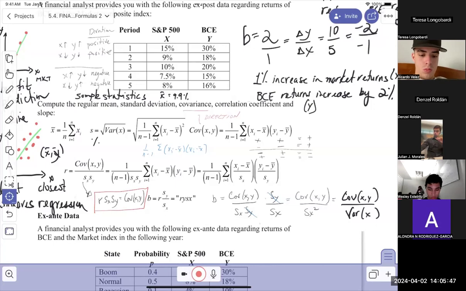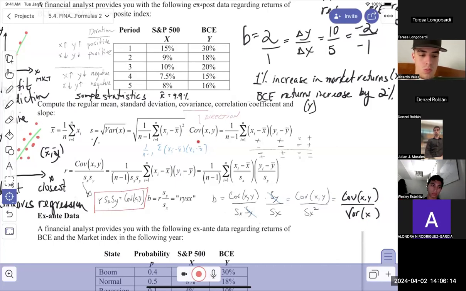So it gives me a measure for every unit of volatility or variance in the market. It gives me the covariance of x with y. Okay. That's what B is. So it's a standardized way of looking at the covariance, which is exactly what I wanted from here.